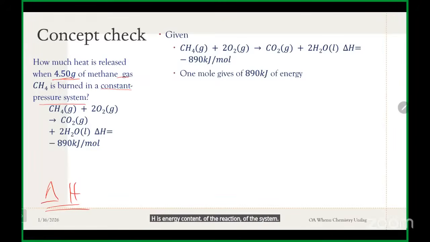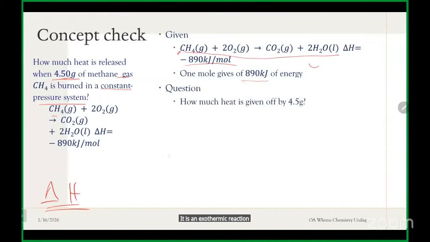How much is released? We're given this expression, CH4 plus 2O2, so this is the equation again. And delta H of the reaction is minus 890. So 1 mole of methane gives 890 kilojoules. So it is an exothermic reaction because it is negative. The question is how much is given up if we are using 4.5 grams.